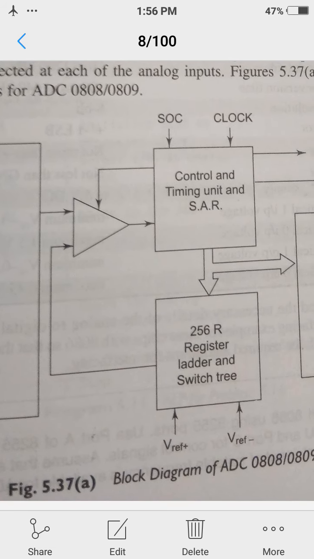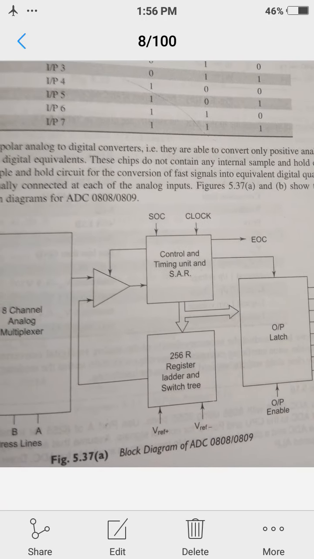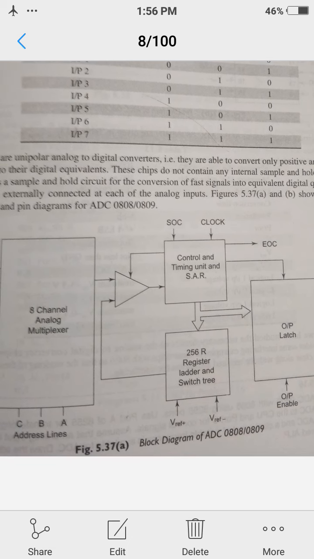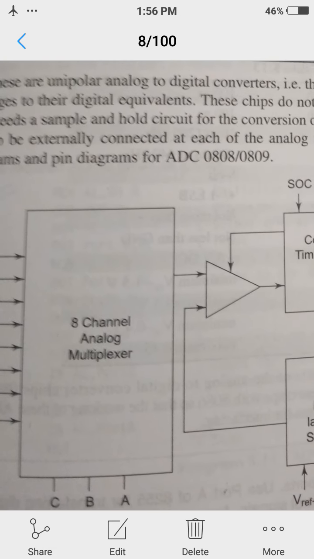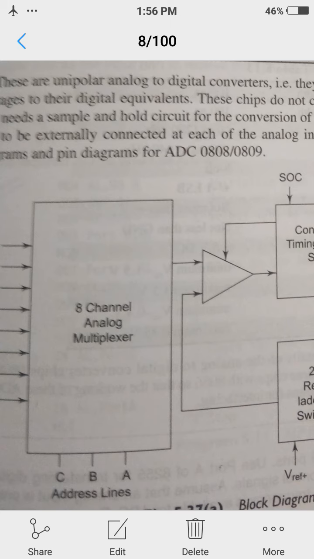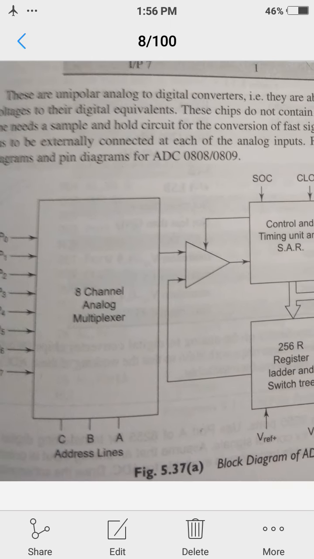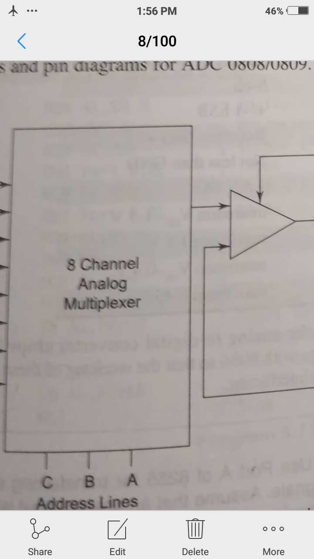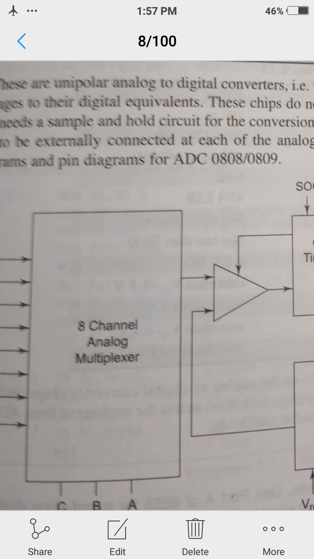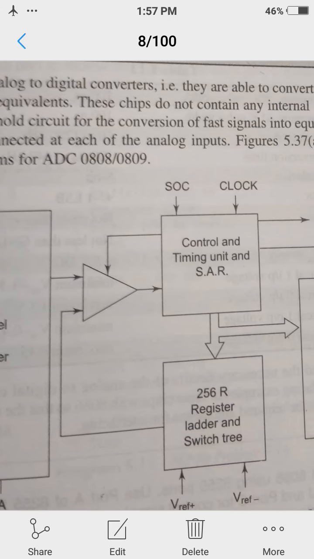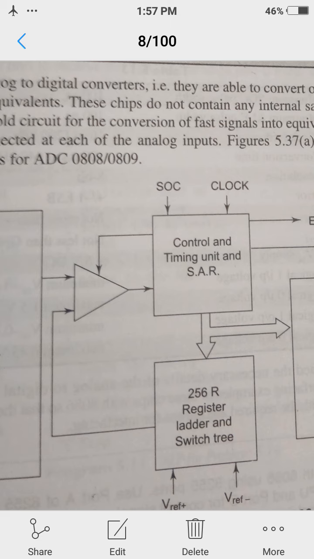And this is the diagram which shows the block diagram and pin diagram of ADC 0808. This is our block diagram. See here, an 8 channel analog multiplexer is there. Total 8 inputs are there, which are selected from 3 lines A, B, C, whose table we have seen just now. Then the successive approximation method is used for analog to digital conversion.